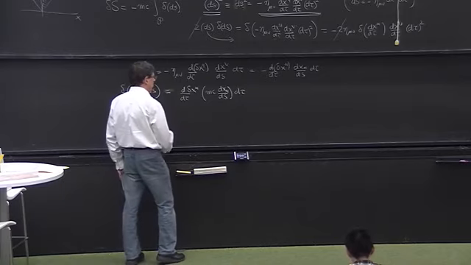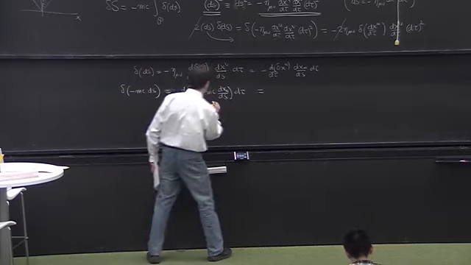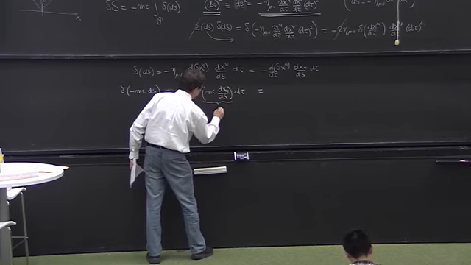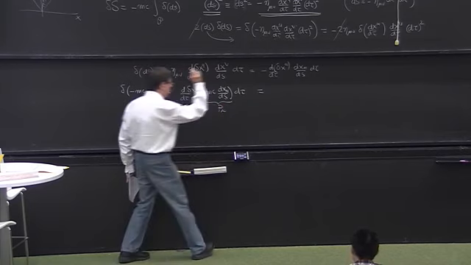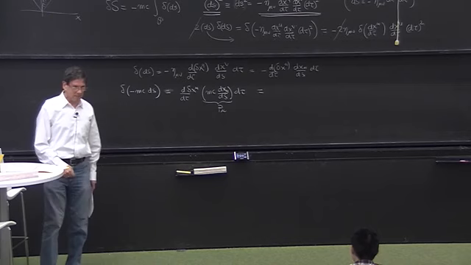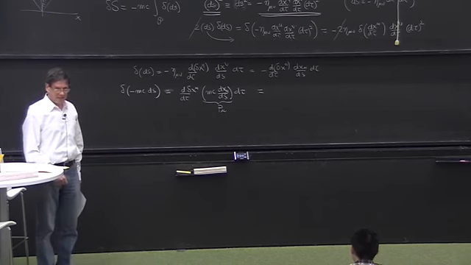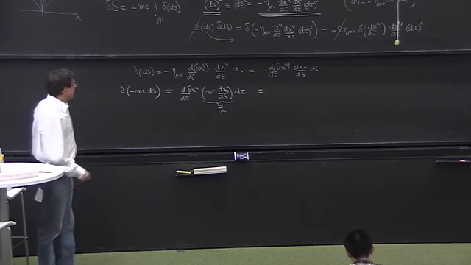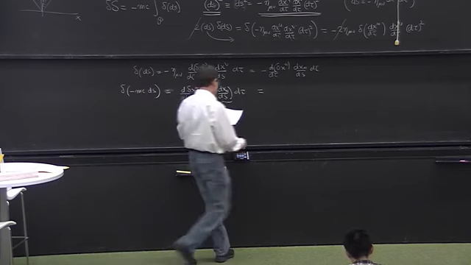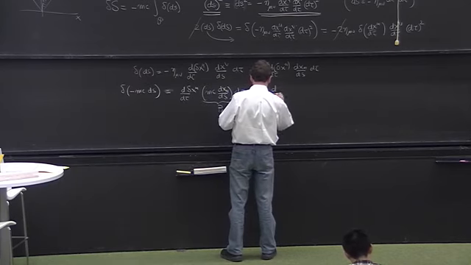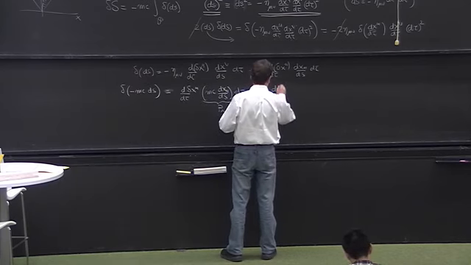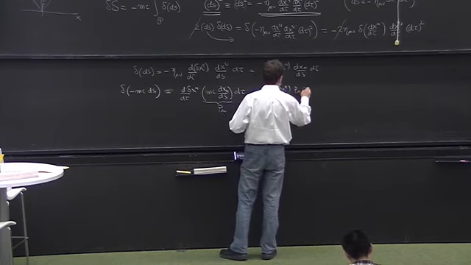And once you do that, you recognize that this is precisely what we used to call the relativistic momentum. So the thing has become really simple: d/d tau delta x mu p mu d tau.